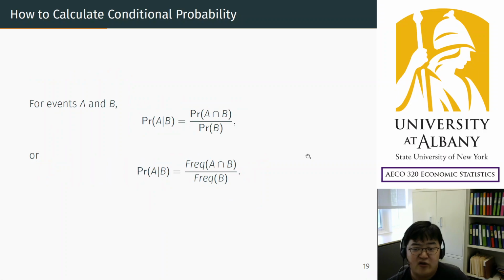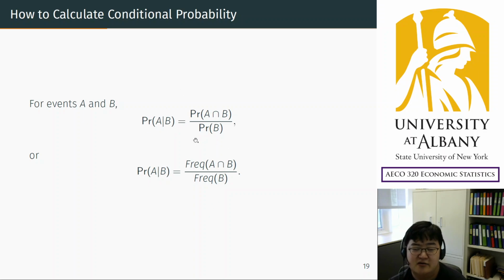And then what you can see from here is that we have the same formula for conditional probability regardless of whether you have probability or frequency. So frequency and probability play the same role in calculating the conditional probability, right? I'm not going to explain more details about that.